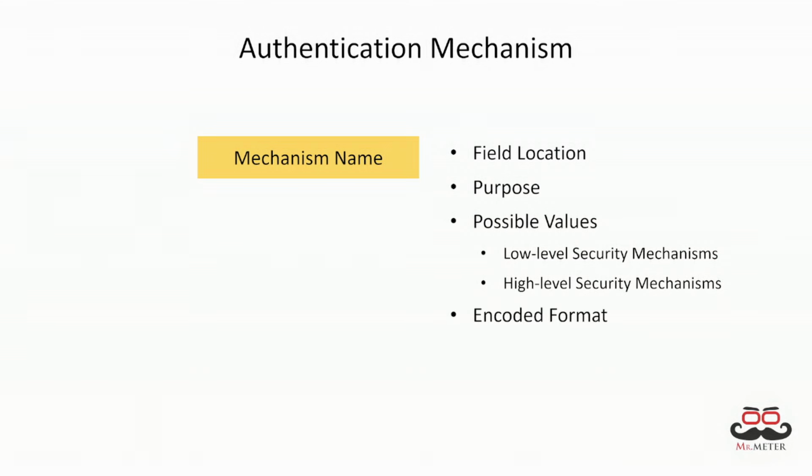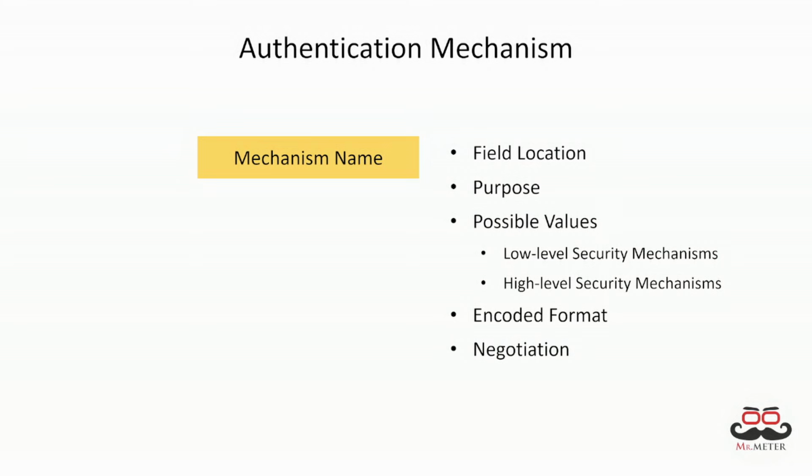The fourth part will be the encoded format. Mechanism name is typically encoded using specific codes or identifiers within the AARQ packet, ensuring that both the client and the server can interpret and negotiate the security mechanism properly during the association setup process.